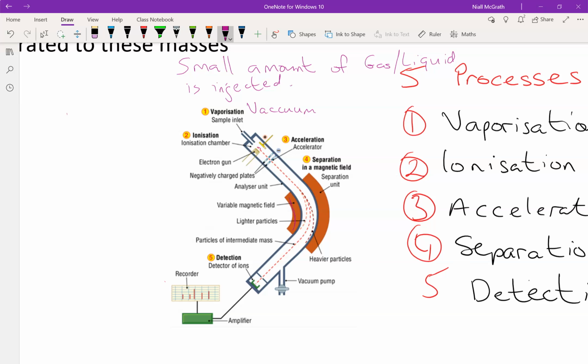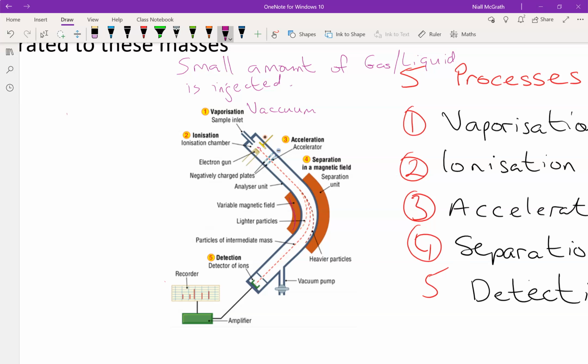The gas obviously stays as a gas. We'll also see later in another stage why it is important that there is a vacuum in there. So you inject your small amount of gas or liquid in there, and next you come to ionization.